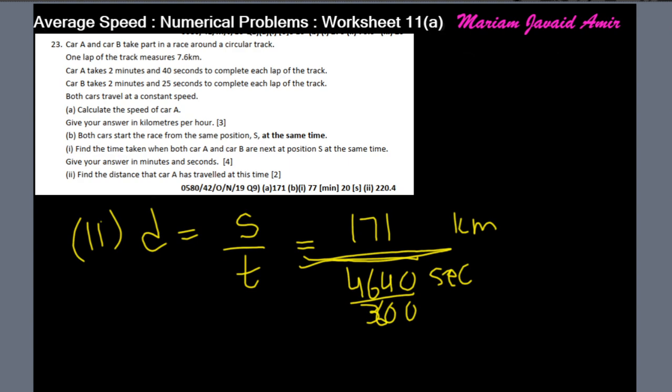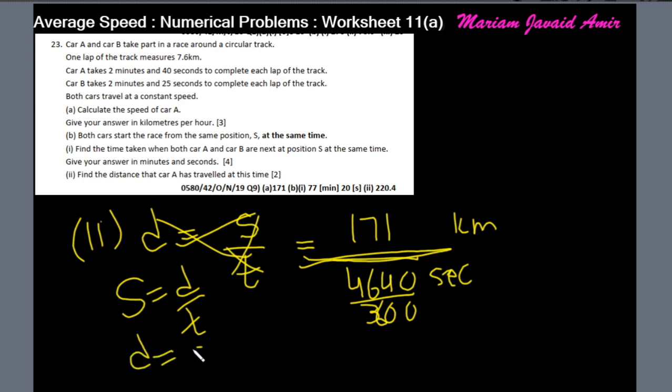For my calculator, I'll do 4640 divided by 3600, and then I'll do 171 divided by the answer, which gives me, oh, I wrote the formula wrong again. Speed is equal to distance over time. So we're finding the distance, so distance is speed times time.